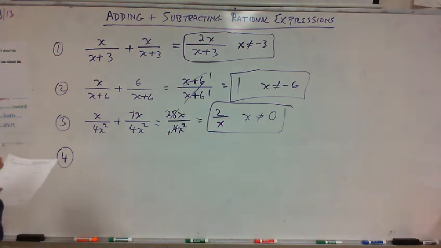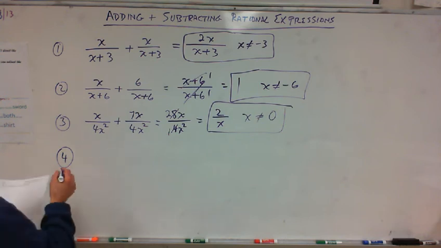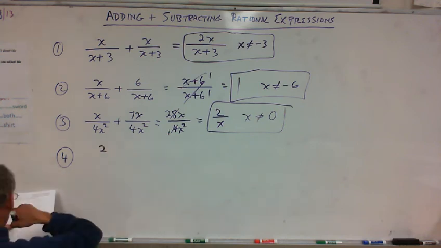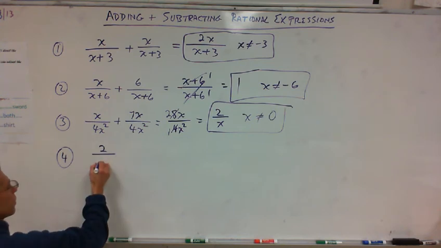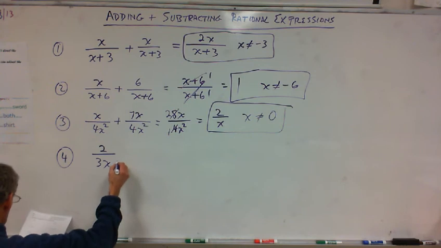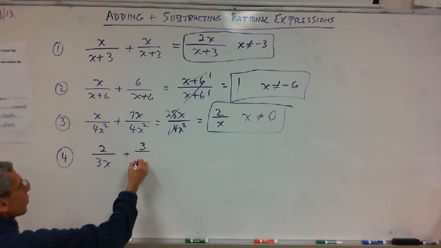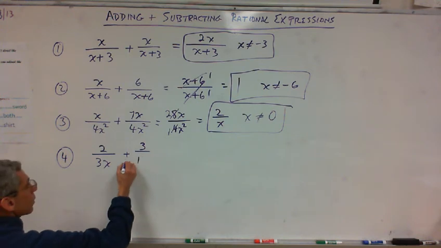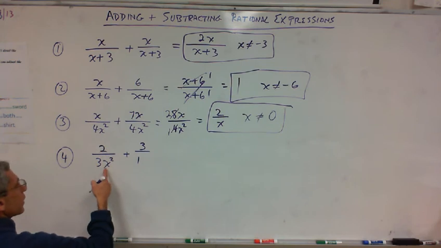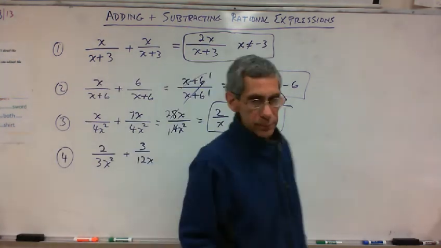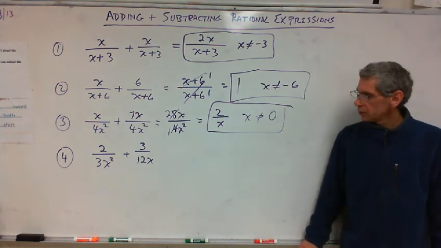All right, so now let's say we have 2 over 3x plus 3 over 12x, sorry.